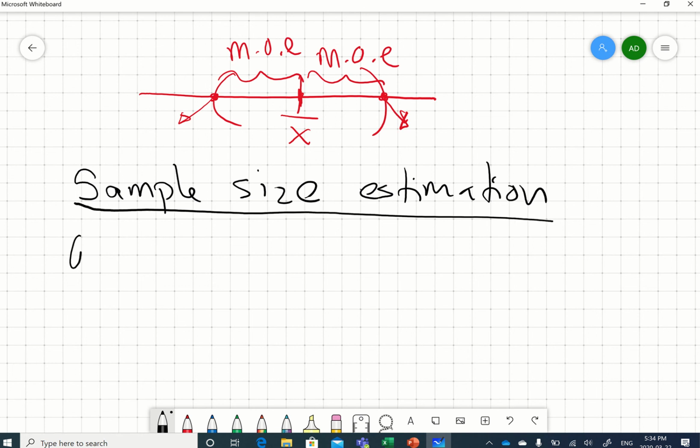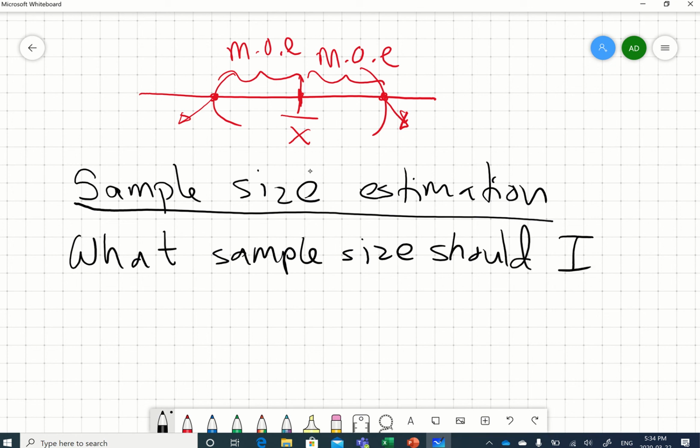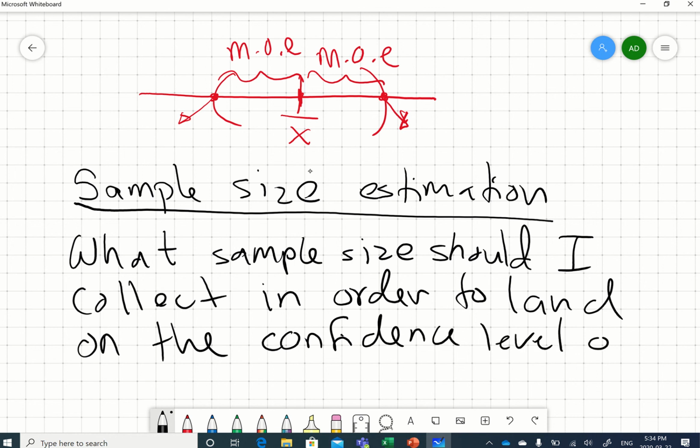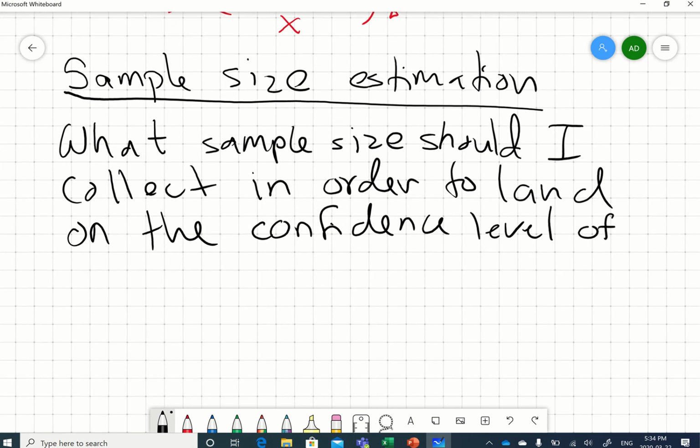Basically, what sample size should I take in order to land on the confidence level of my choice? That's what we are trying to answer in this part.